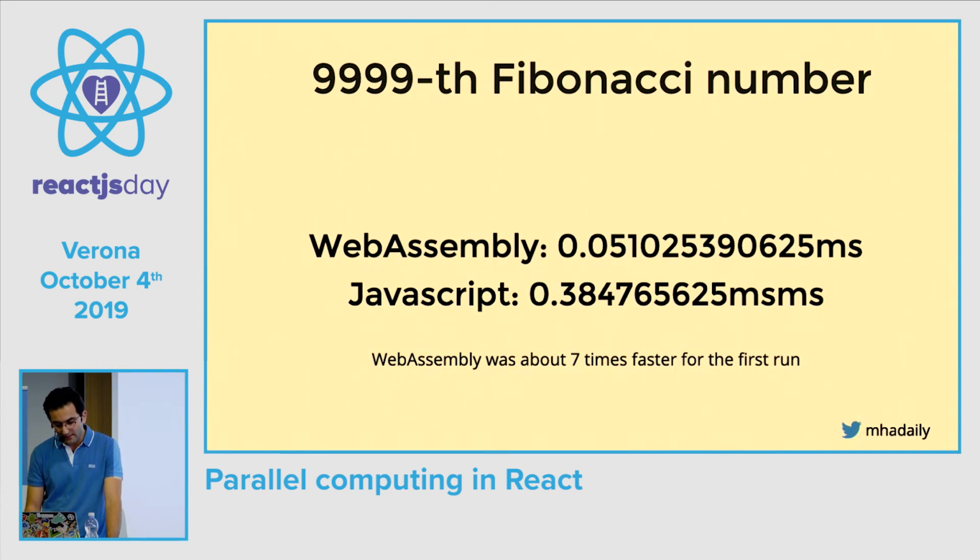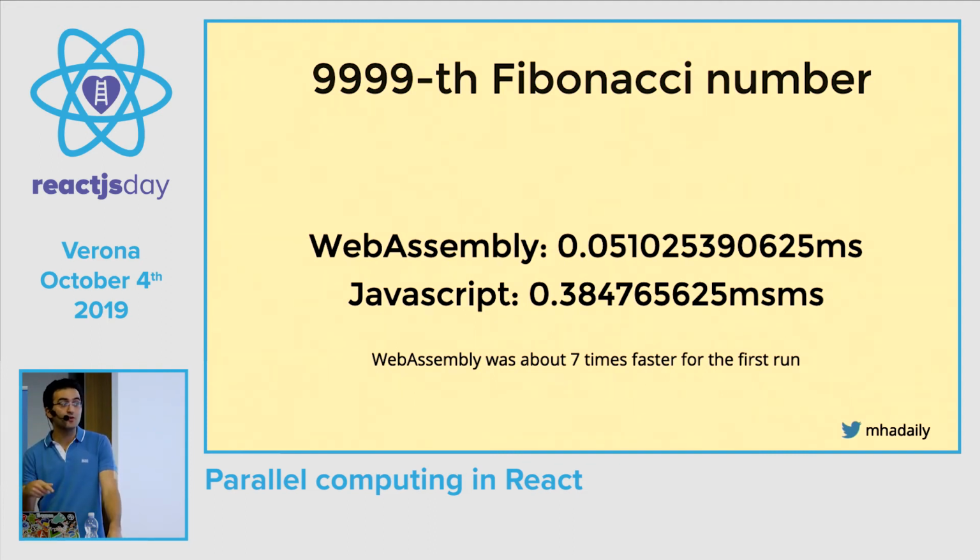In my case, WebAssembly for this number runs in this time, and the JavaScript one runs in this time for the first time. So the WASM was almost 7 times faster. But that was the first time.